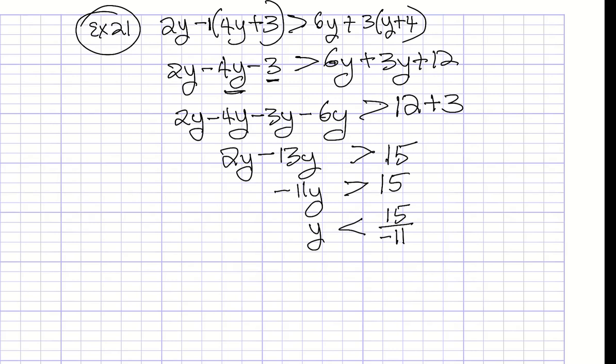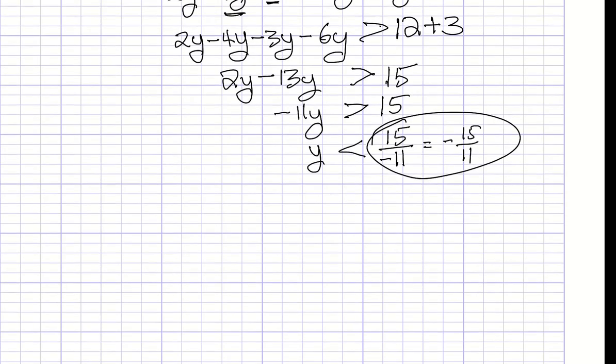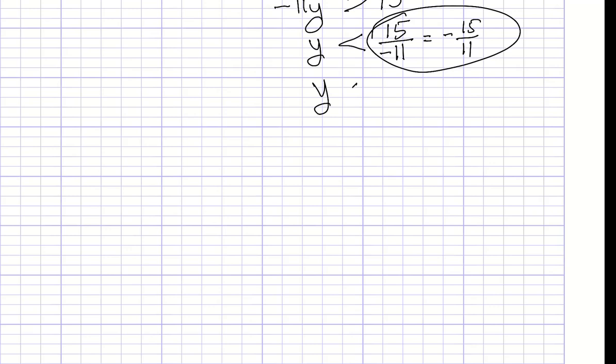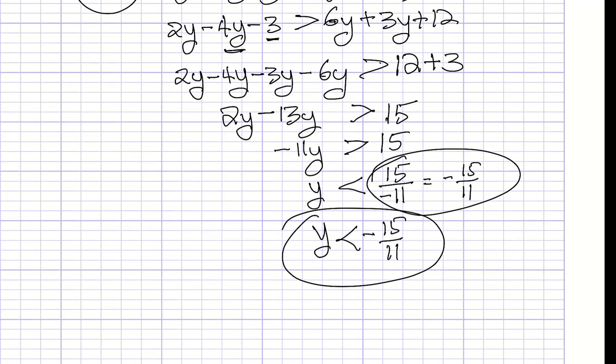You see that, right? That's what we did. It's the same thing as negative 15 over 11. So basically y less than negative 15 over 11. That's what we got. See it right there, right?